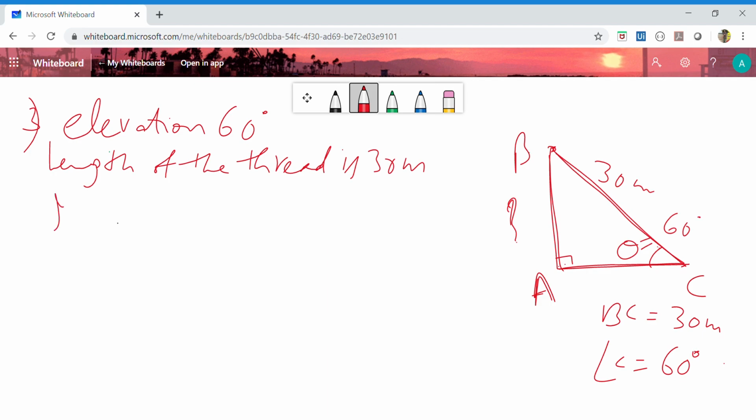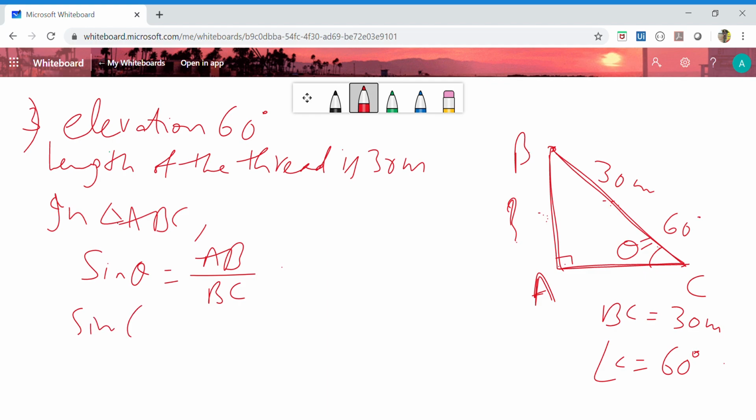So in triangle ABC, what do you have to consider? The relation between opposite and hypotenuse is sine. So we can consider sine theta is equal to the side opposite to theta, AB, by the hypotenuse, BC.